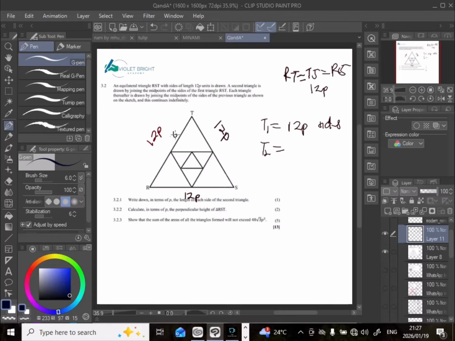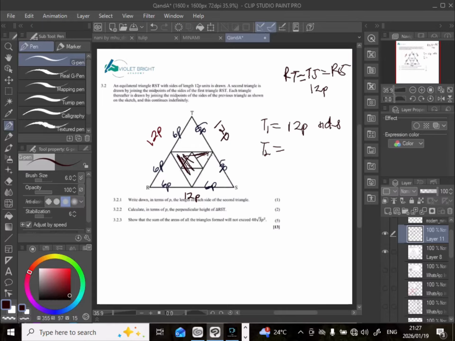So we have 6p here, 6p here, which means we'll be having 6p here, 6p here, 6p here, and also here. Now get the second triangle. The bigger triangle is RST, and then the second triangle is this one.